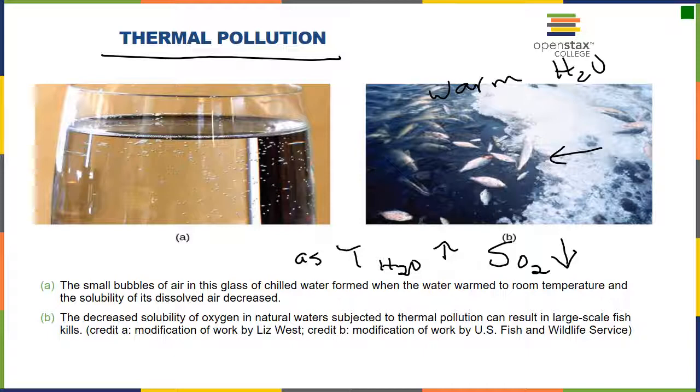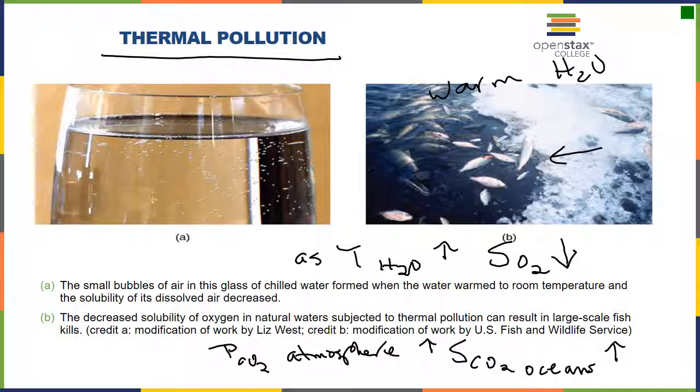We also see this in a very interesting case. We know that the partial pressure of carbon dioxide in the atmosphere is going up. Therefore, the solubility of carbon dioxide in the oceans goes up. Therefore, we do have more carbon dioxide, but notice also temperature effects.